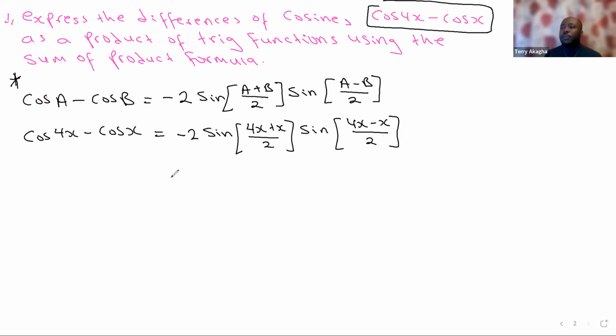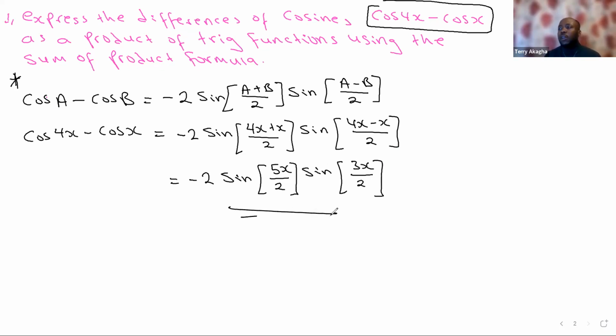Then you simplify: 4x plus x gives 5x, so it's 5x over 2, and 4x minus x gives 3x over 2. That will be the answer.